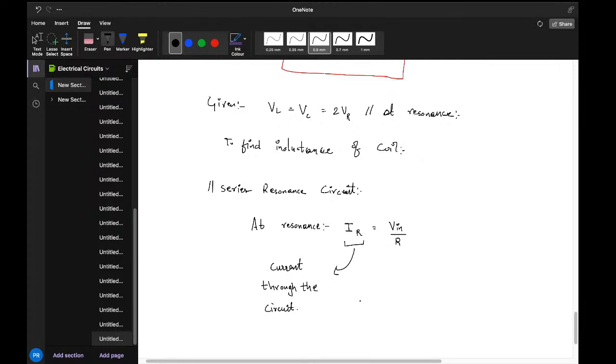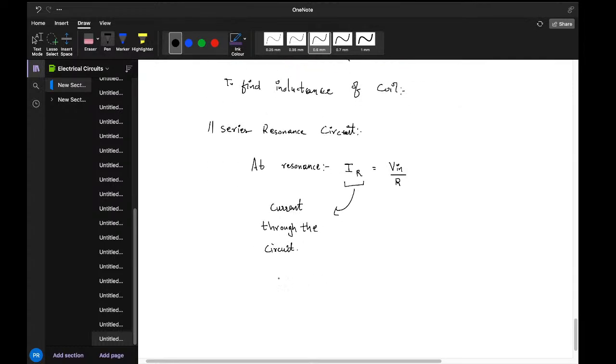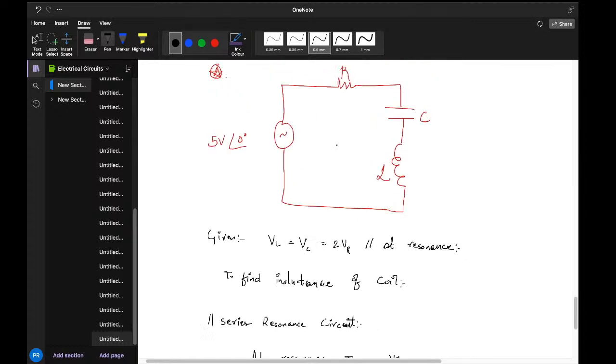Okay, so let's just try finding I of R. I of R is just going to be the input voltage, which is 5 volts with a phase difference of 0 degree divided by the resistance R. The resistance R of the circuit is 5 ohms.